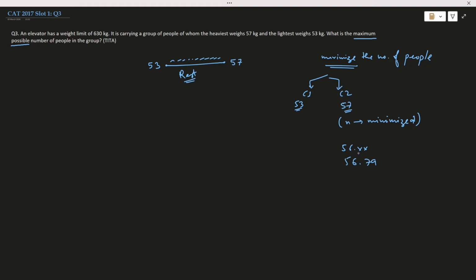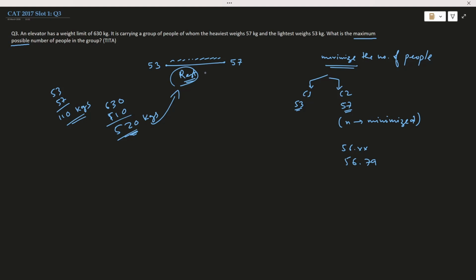I already have 53 and 57, so this is 110 kgs already. The total limit is 630. So if I subtract 110 from here, I will get 520. So I'll have to distribute this 520 kgs to the rest of the people.